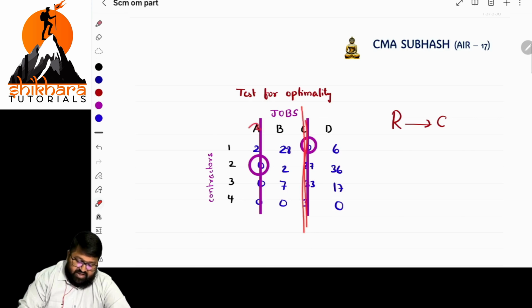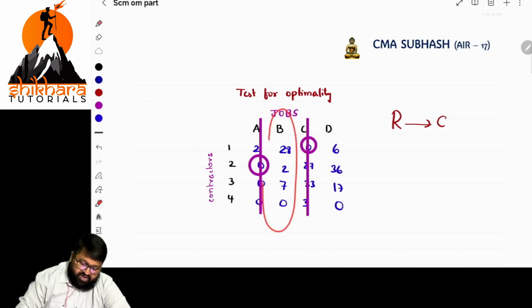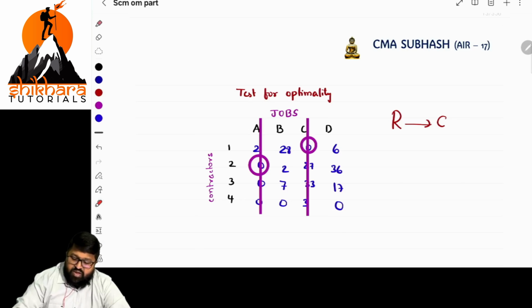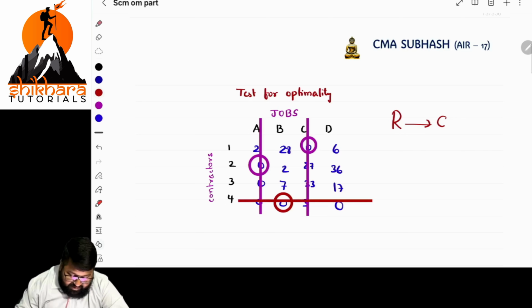When lines are covered, they are struck and are no more. Check the other part. Column B is not struck. Is there a single zero? Yes, there is a single zero. We need to mark it. Then we have to cancel the respective row. Is it clear?